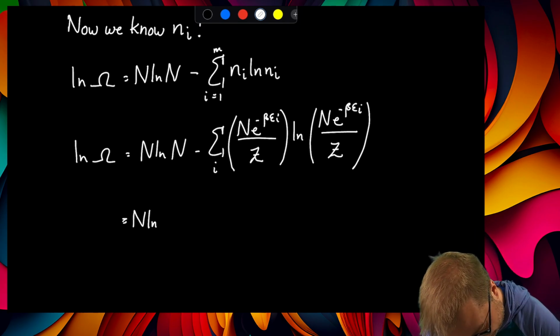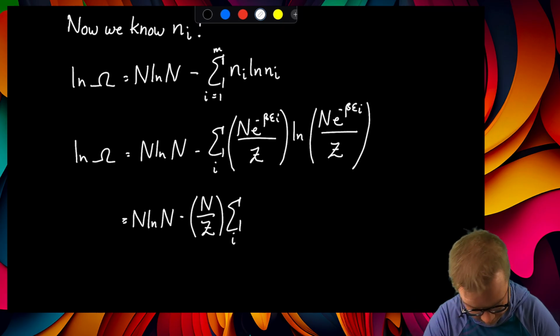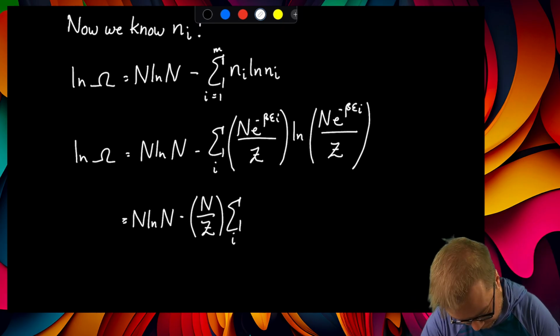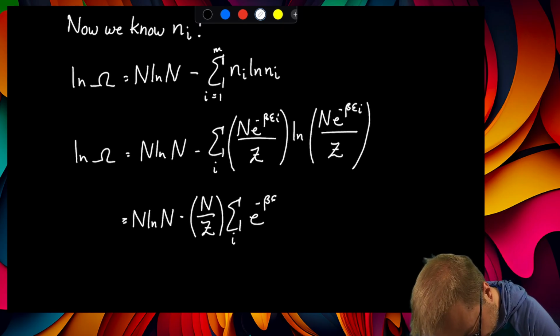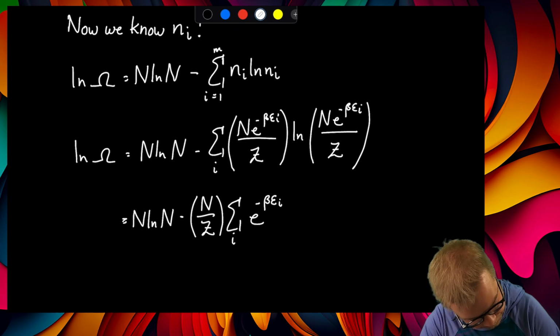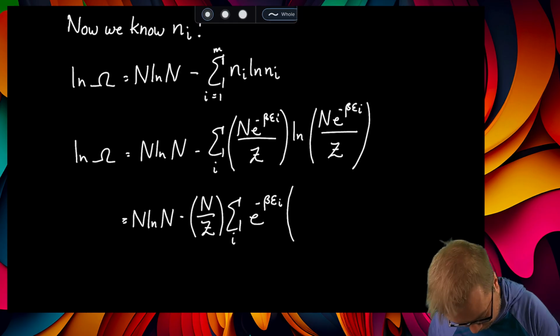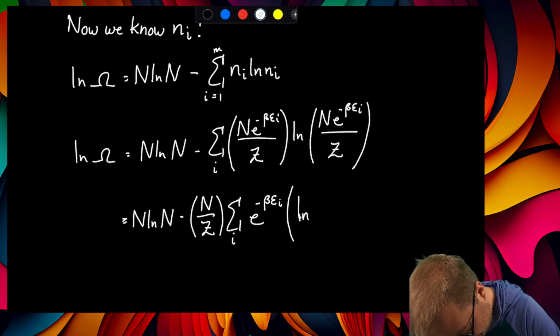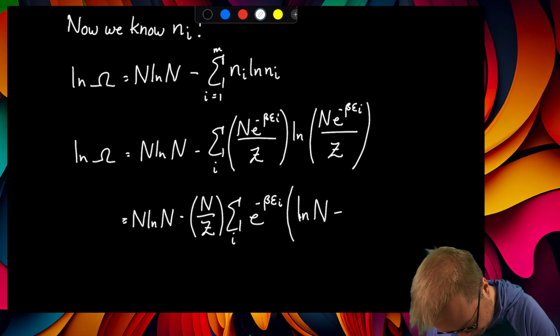So this gives us n log n minus the number of particles divided by the partition function, summation over i, and that gives us, let's see here, e to the minus beta epsilon i, and then we can split up the logarithm, and so this gives us the logarithm of the number of particles minus the logarithm of e to the minus beta epsilon i, so this gives us beta epsilon i.